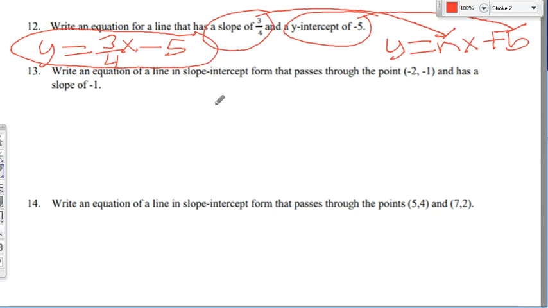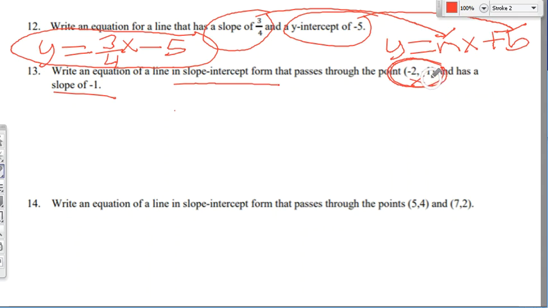Okay, 13 says write an equation of a line in slope-intercept form. Okay, so in the end, we're going to have to put our equation in slope-intercept form that passes through the point -2, -1 and has a slope of 1. Okay, so before we can do this part, we actually need to write our equation. And we're going to write our equation using point slope because we have been given a point and the slope.